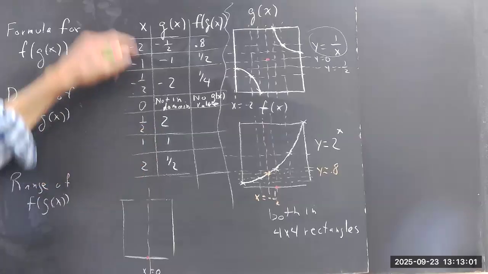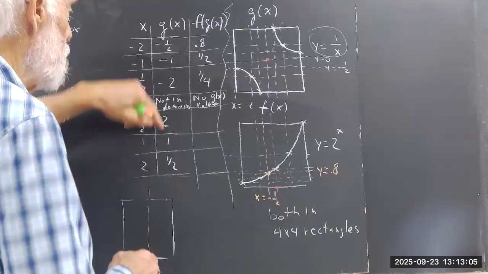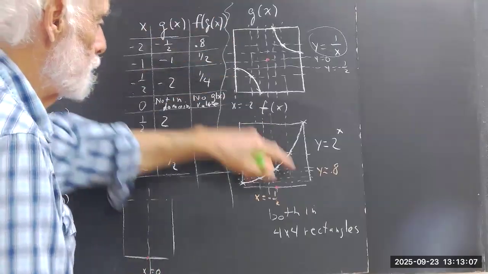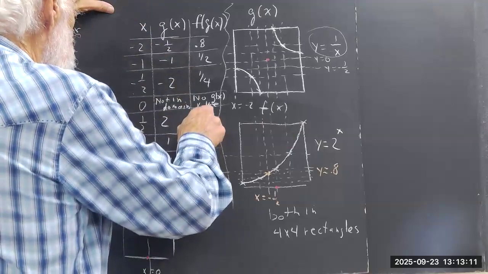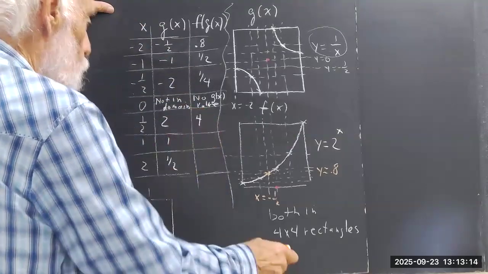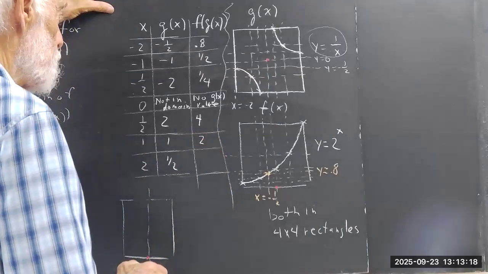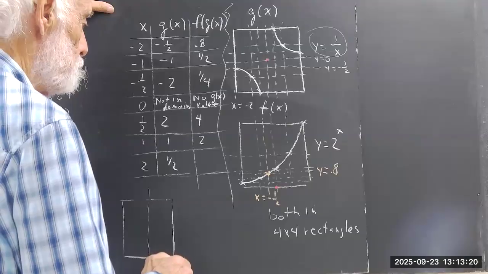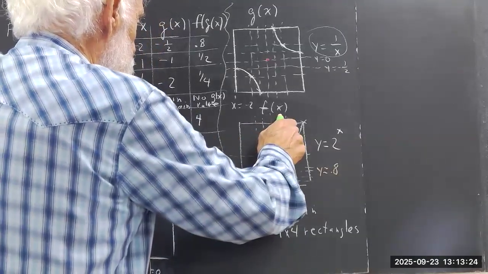Okay. Now we can fill in the rest of the values. If g of x has value 2, f of g of x has value, well, that's going to be up here. It's going to have value 4. If g of x is 1, then f of g of x is going to have value 2. And if g of x is 1/2, well, let's see, here's x equals 1/2.